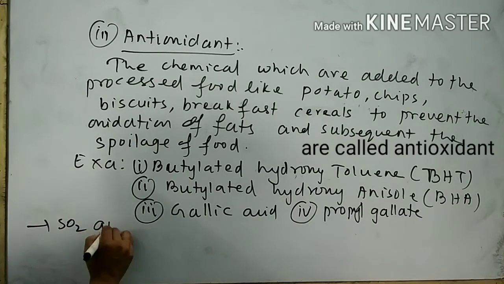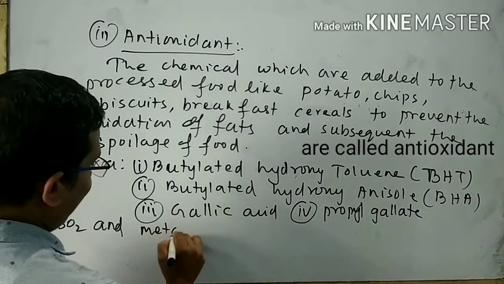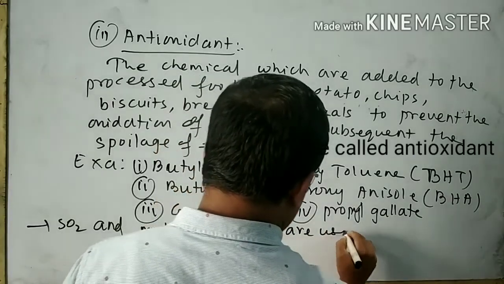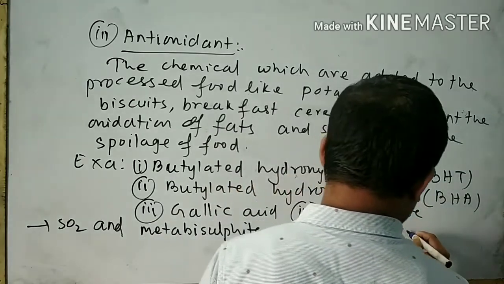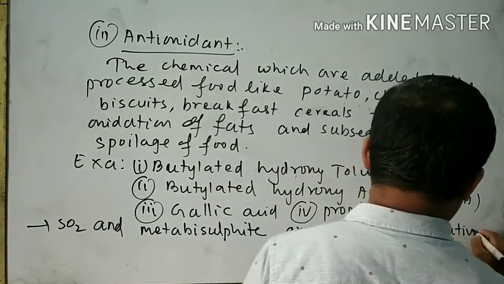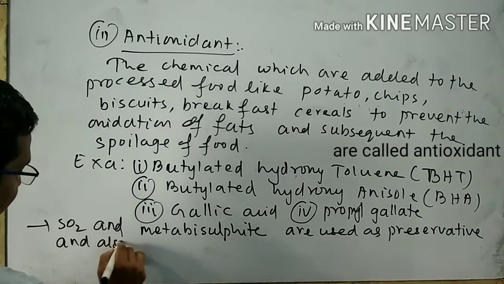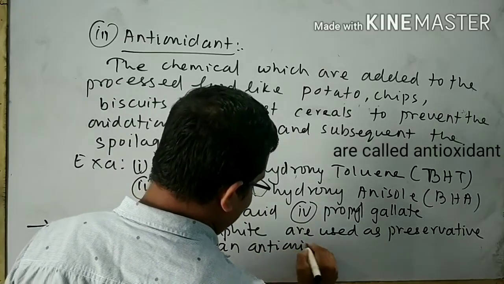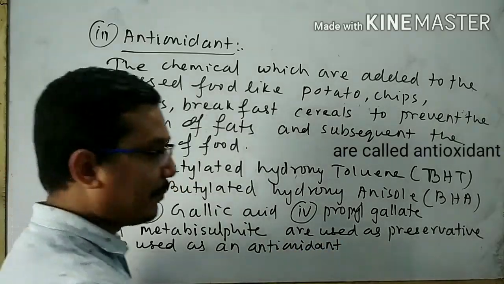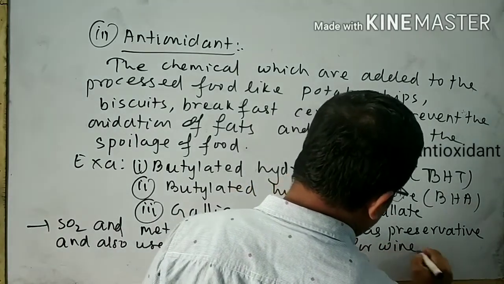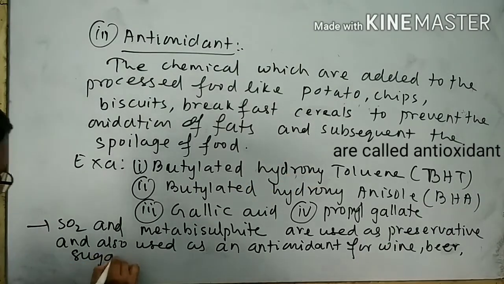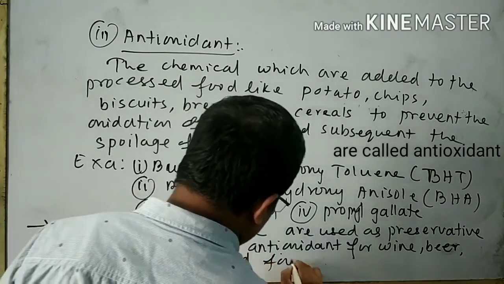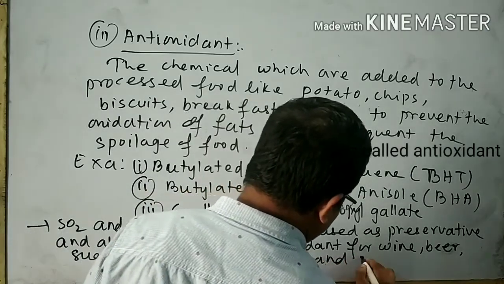Sulfur dioxide and metabisulfite are used as preservative and also used as an antioxidant for wine, beer, sugar syrups, dried foods and vegetables.